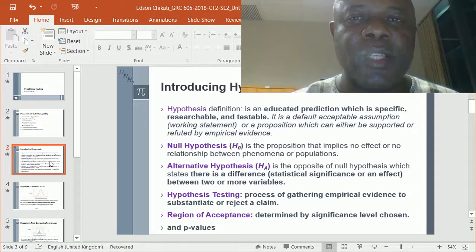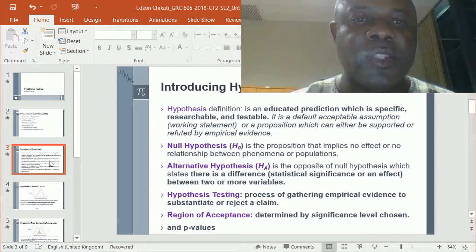Introducing hypothesis testing. The definition of hypothesis testing is as follows. It is an educated prediction which is specific, researchable, and testable.